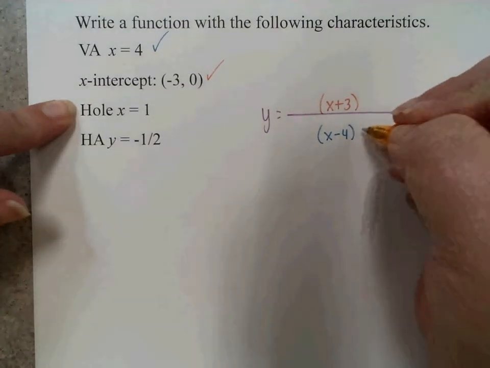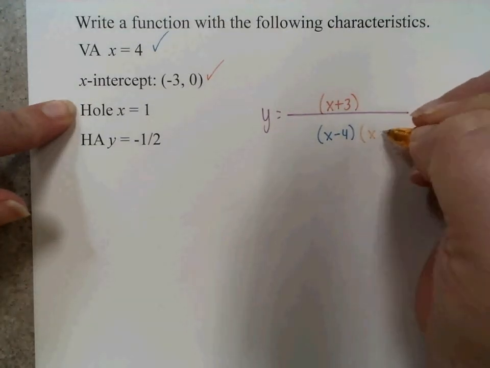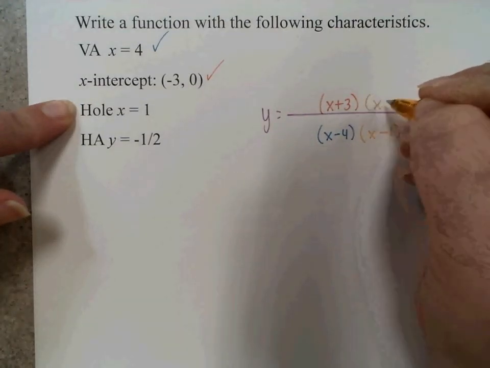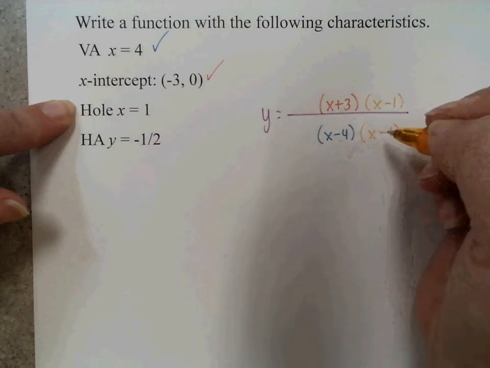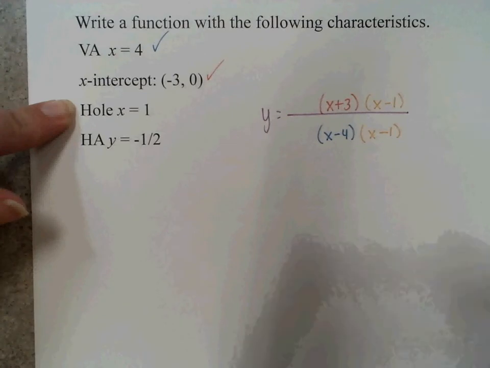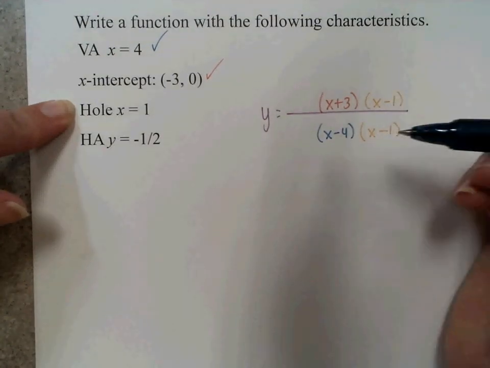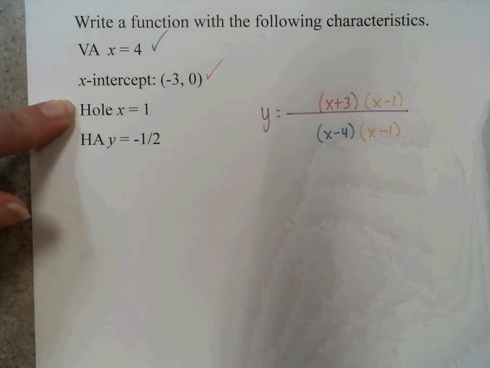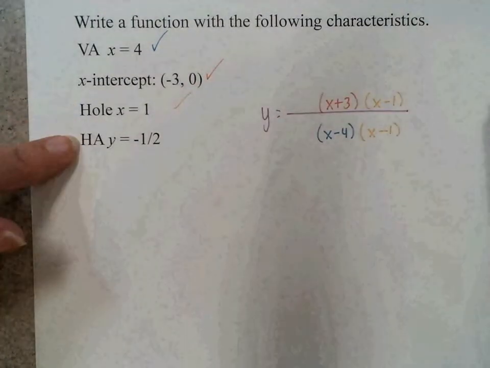For a hole at x equals 1, I need there to be a common factor x minus 1 in both the numerator and denominator. Or at least, yeah, the same number of times, that need it to be in both. Although I could have more of them in the numerator, it would just mean, well, we'll talk about that in a second. So I took care of that.